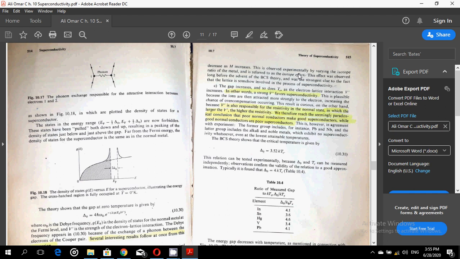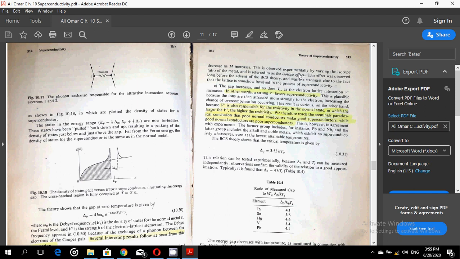Let me repeat this sentence, and you must go through this paragraph very carefully to understand it: poor normal conductors make good superconductors, while good normal conductors are poor superconductors. This is, however, in agreement with the experiment.